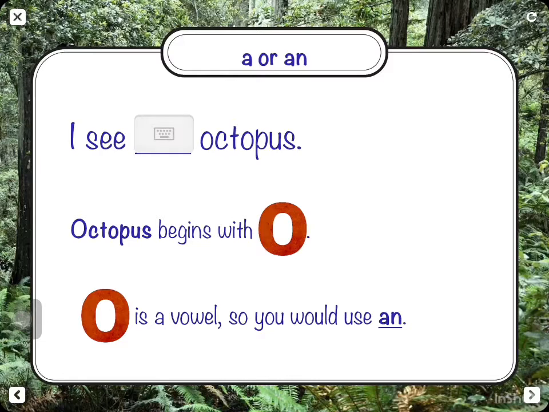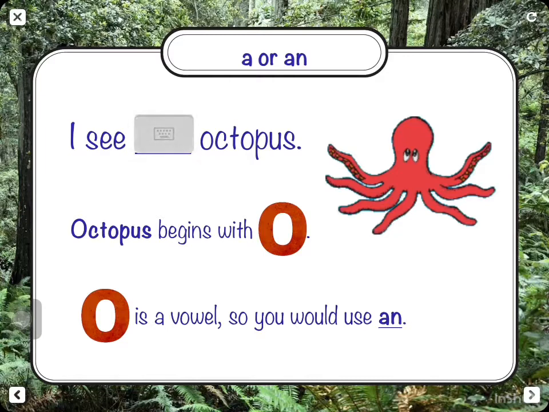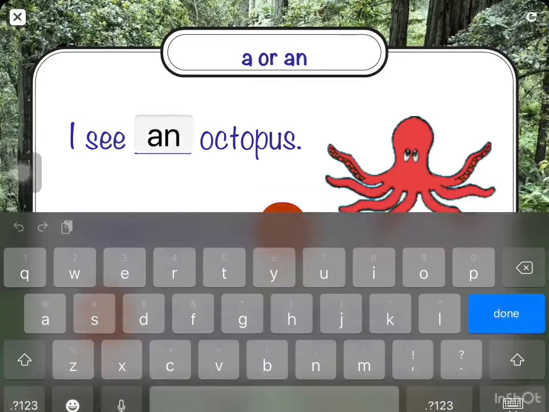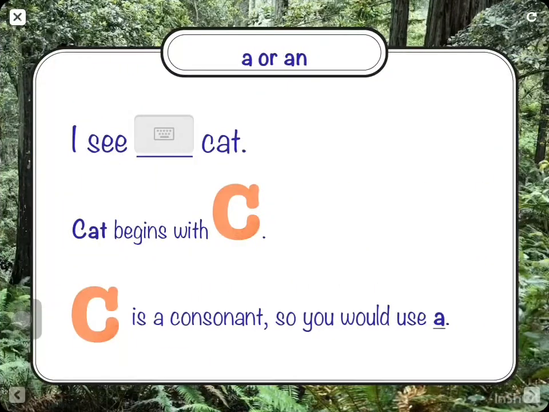Let's practice using the articles a or an. I see octopus. Octopus begins with O. O is a vowel, so you should use an. I see cat.